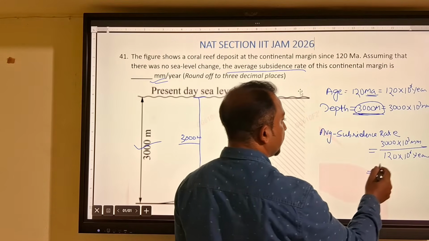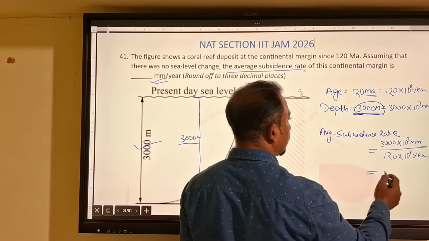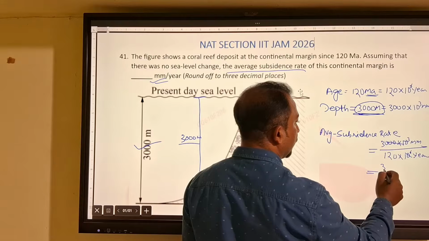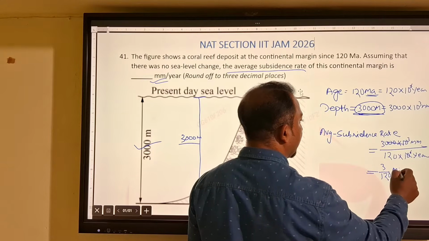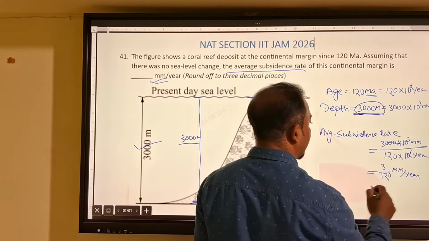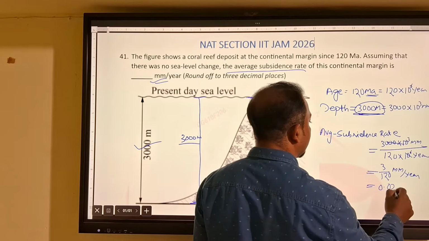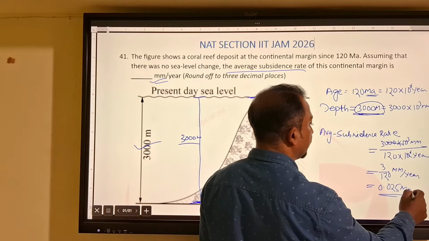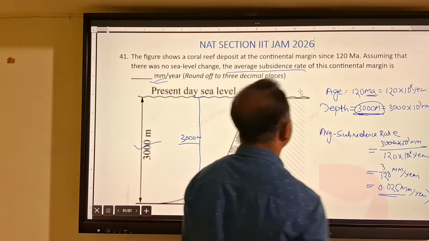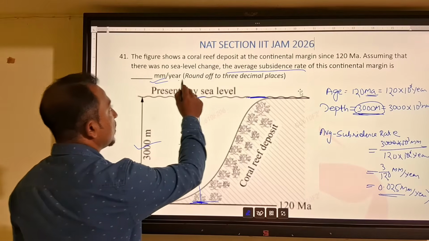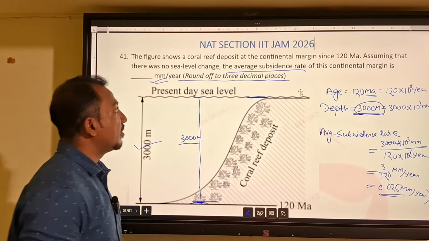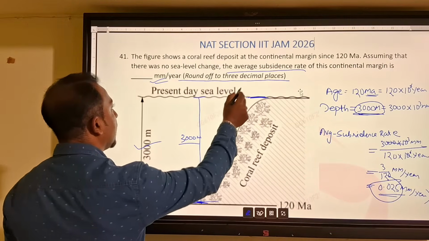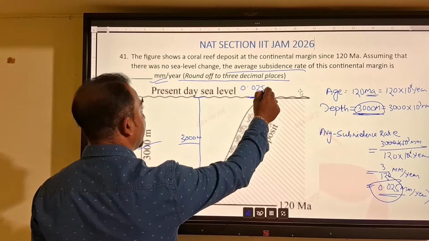So it will be 3 by 120 mm per year, which is 0.025 mm per year. The answer is to be rounded up to 3 decimals, so the answer will be 0.025 mm.